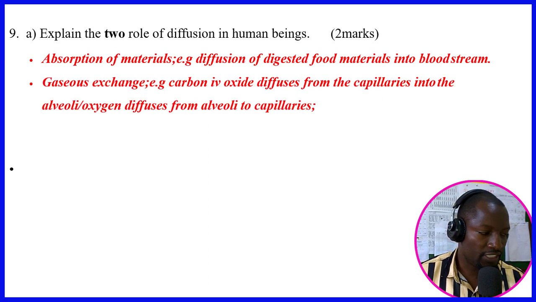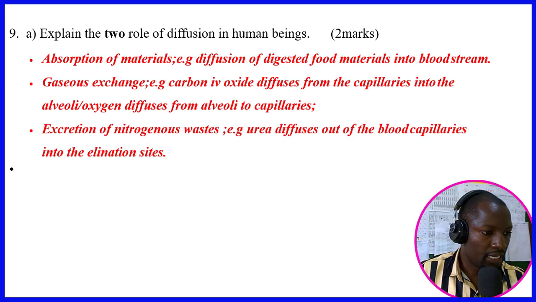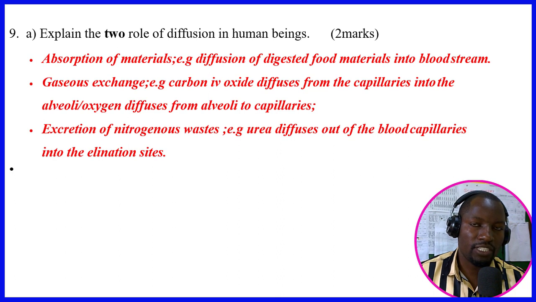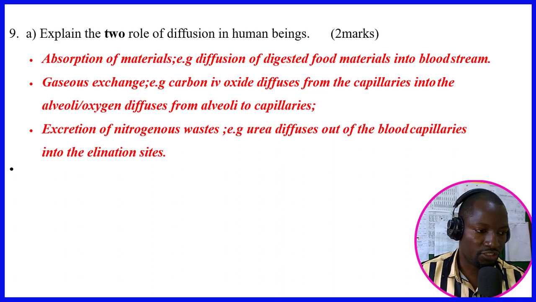Number 2, gaseous exchange, e.g. carbon dioxide diffuses from the capillaries into the alveoli. Oxygen diffuses from the alveoli to the capillaries. There's also excretion of nitrogenous waste, e.g. urea, which diffuses out of the blood capillaries into the elimination sites.